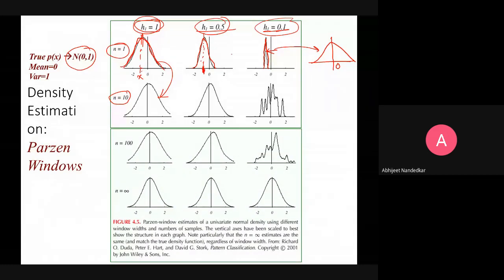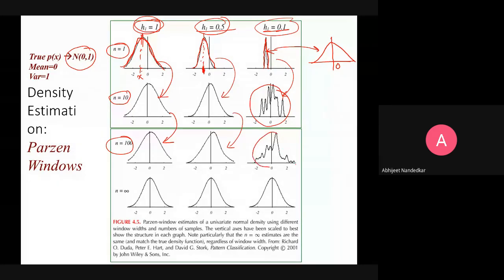But when you go to lower h values, you can see a lot of disturbance coming here. Now if you still further increase to n equal to 100, then a better estimation is produced. With again small window size, you will get this noisy kind of estimation.